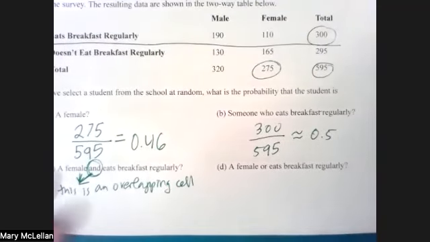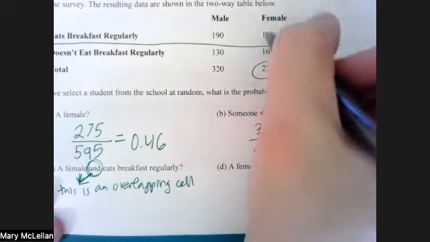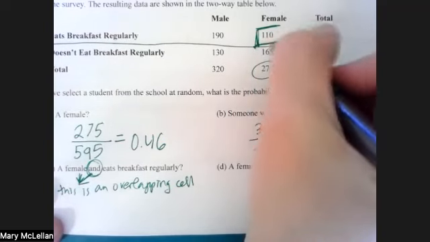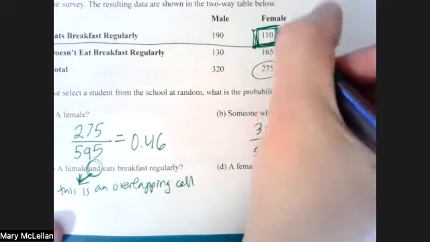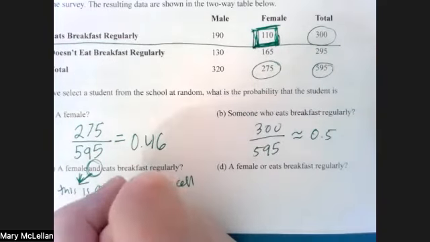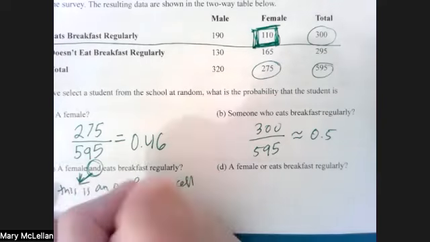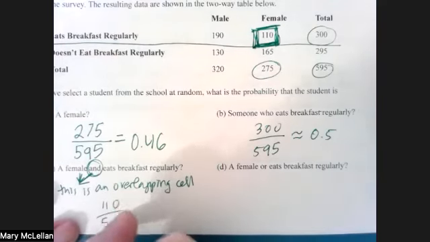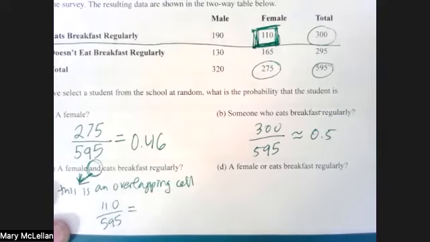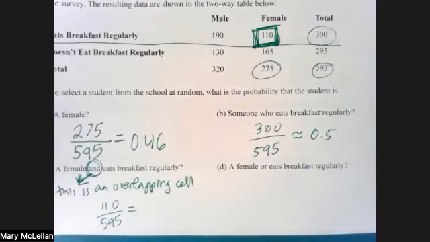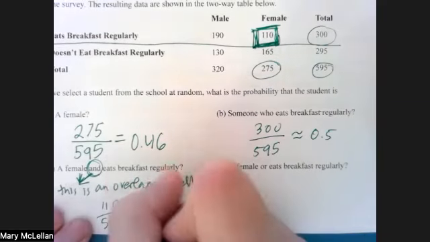Okay, so female who eats breakfast regularly. There are 110 such students. So that would be 110 over 595. And that equals approximately, putting it in my calculator, 0.18.